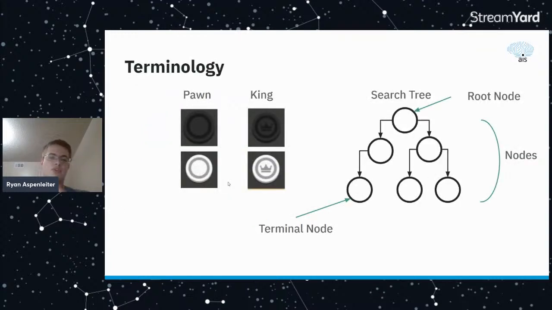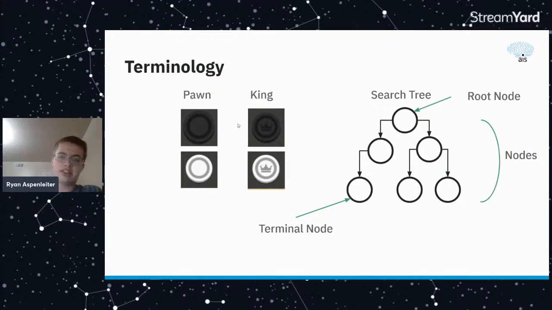Before we get too deep into this, I just want to clarify some terminology real quick. The two pieces on the left here are pawns, and those are just any piece that's not a king. And on this side, these are the kings, checker pieces that can move in all four diagonals as opposed to just two of them.